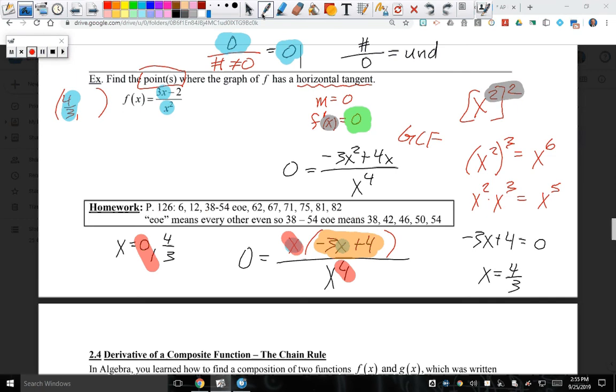Minus 2? 2. And then 4/3 squared? 16/9. And 2 divided by 16/9 is the same as 2 times what? 9/16. You know this 2 is over an understood 1, and you can reduce early. What's my final answer? 9/8 will be the y value.